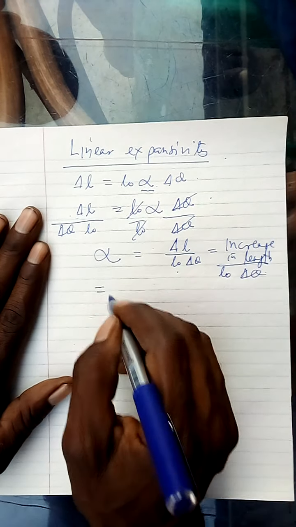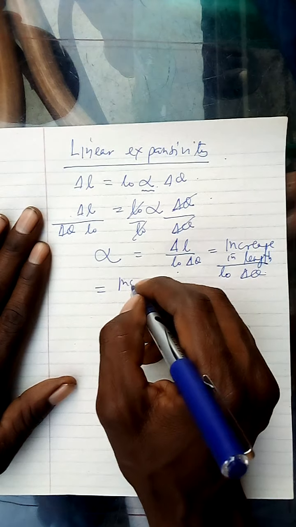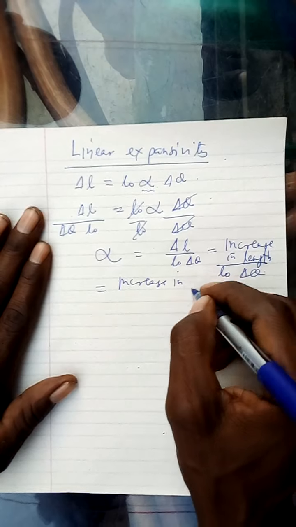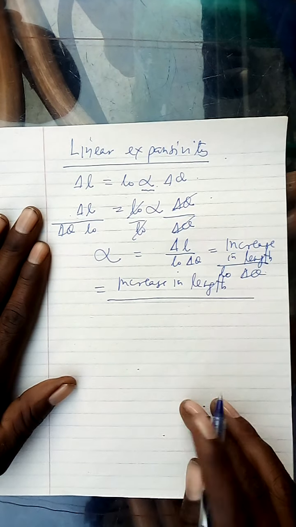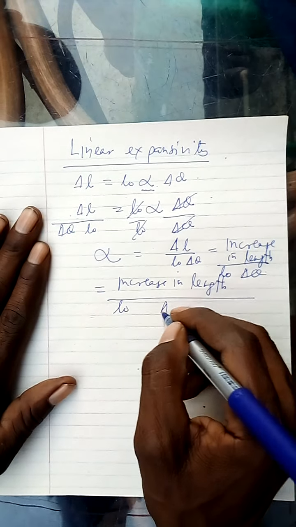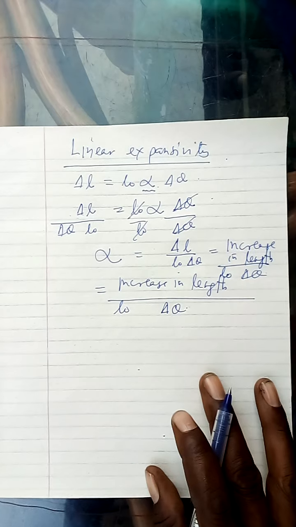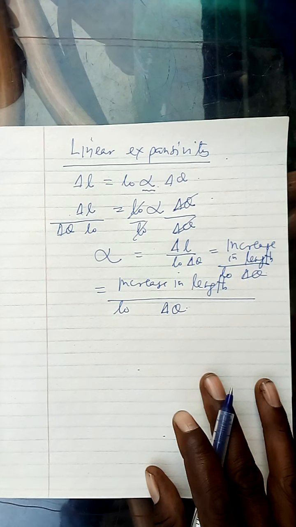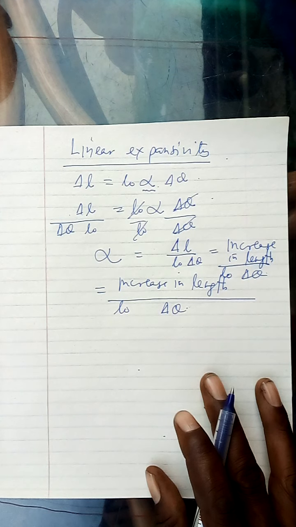And that is why we say that whenever we're talking about linear expansivity, it is the increase in length over the original length and change in temperature. By definition, it is the increase in length per unit length of the substance when its temperature rises by 1 degree Celsius or 1 Kelvin.